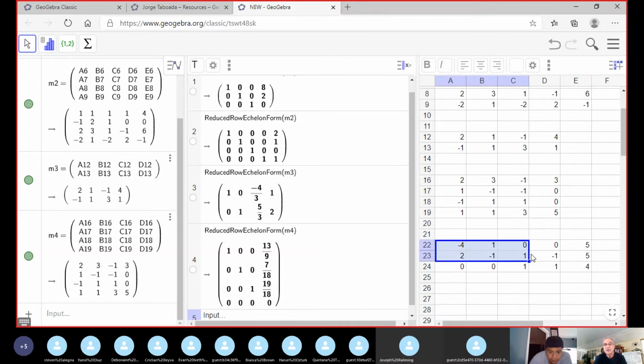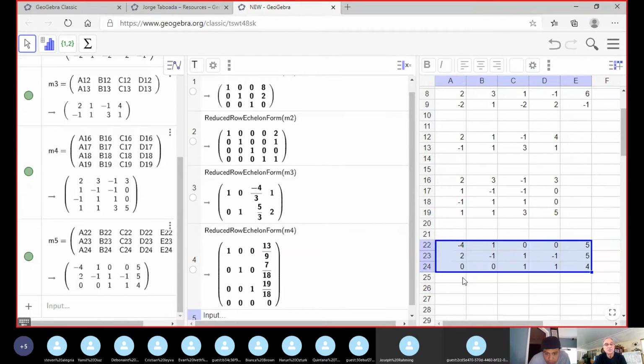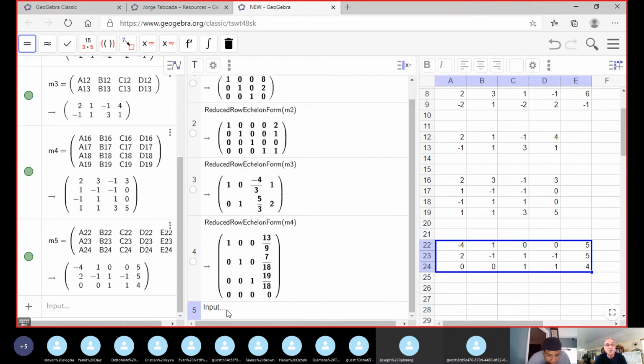Yes, sir. I select this number, I create the matrix with this number. And in GeoGebra I call it matrix M5. Okay, then you click in the input. If you want, guys, you can delete. It's easy to delete any problem, but I don't want to delete.